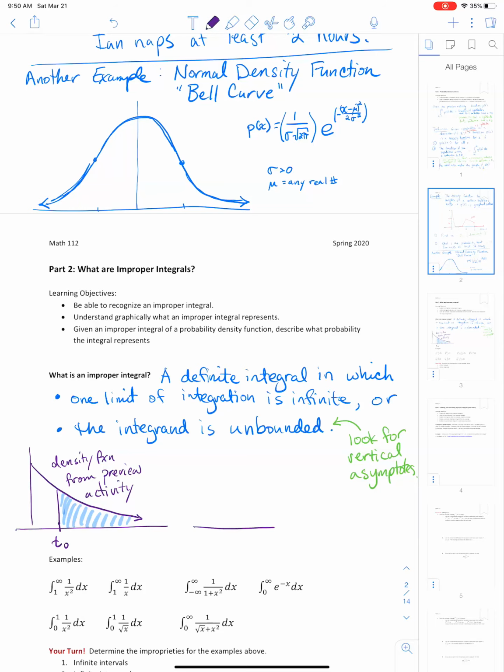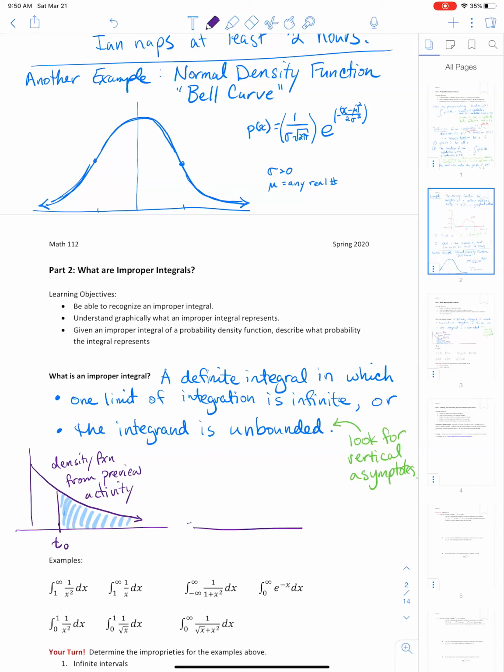Another situation where these arise, as I just pointed out, if we are thinking about a bell curve, right? And this is mu. I didn't mention earlier, the quantity mu is always in the middle. This sigma parameter up here is the standard deviation of the bell curve, and in fact, sigma is exactly the distance from the mean at which you end up with this point of inflection up here.